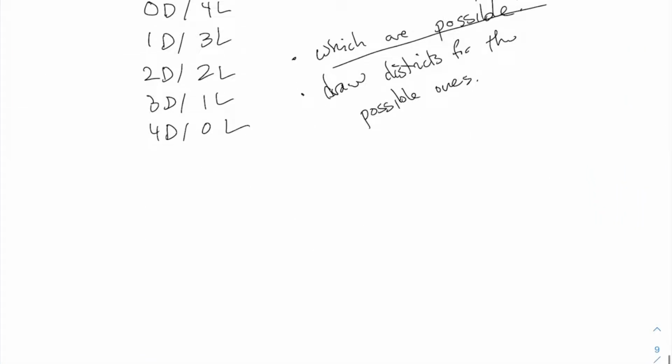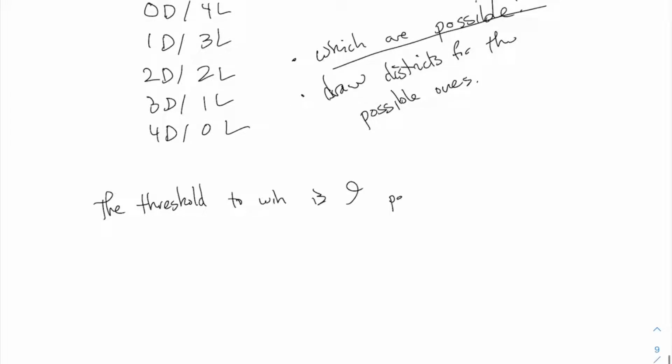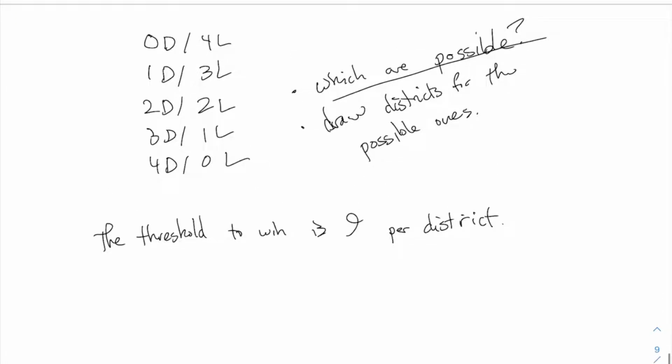So the threshold to win in each district is 9 per district. This is the way you think about it to figure out which of these are possible. For example, is the first one possible?